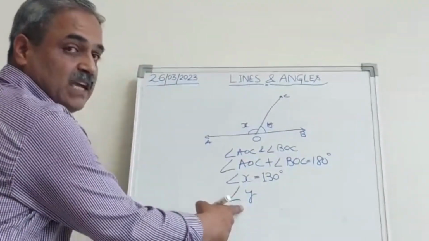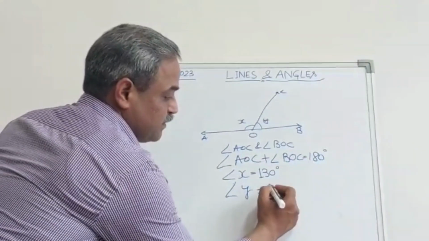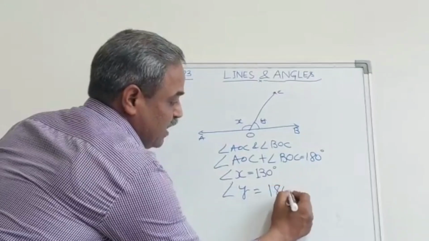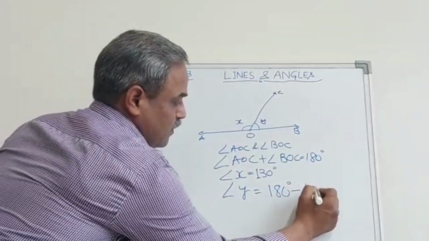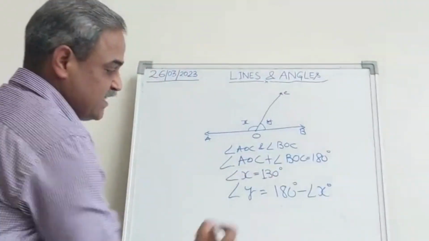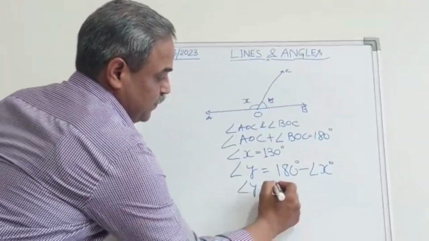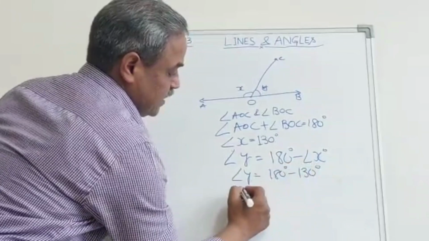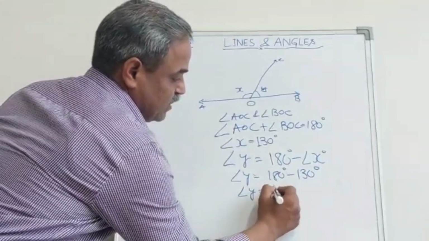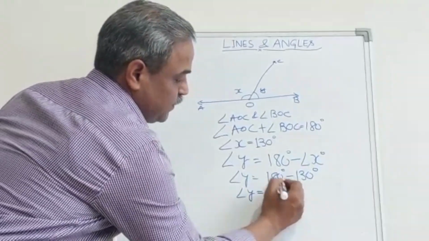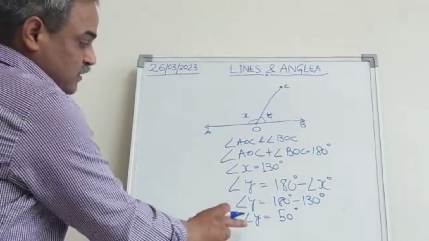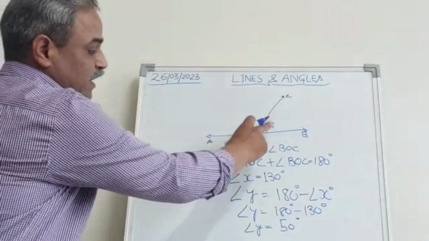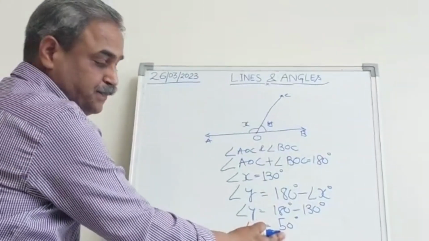Angle Y can be found by subtracting the value of angle X from 180 degrees. That is, angle Y will be 180 degrees minus 130 degrees. Angle Y is equal to 50 degrees. Thus, the supplementary angle of angle X has the value 50 degrees.